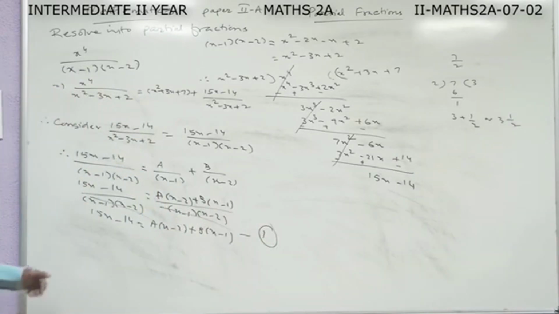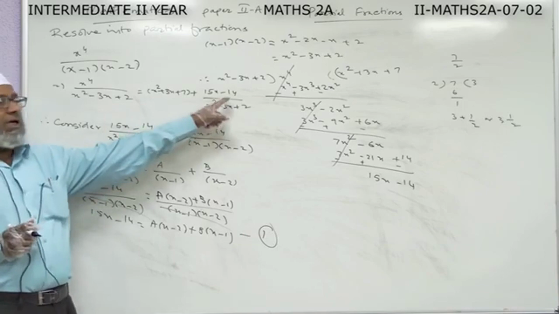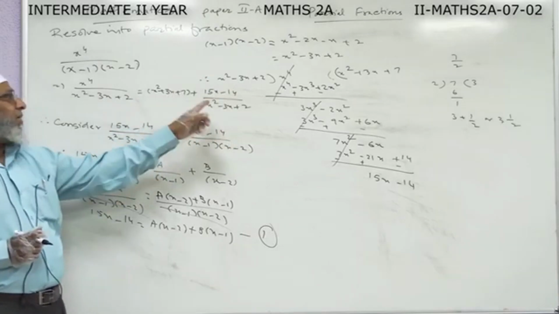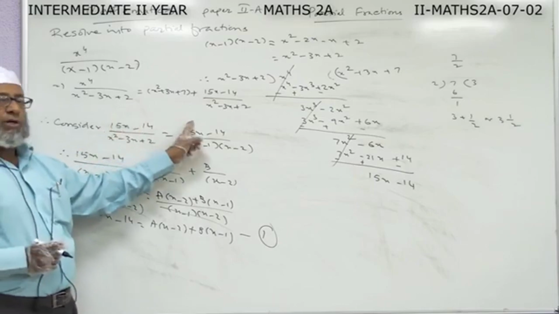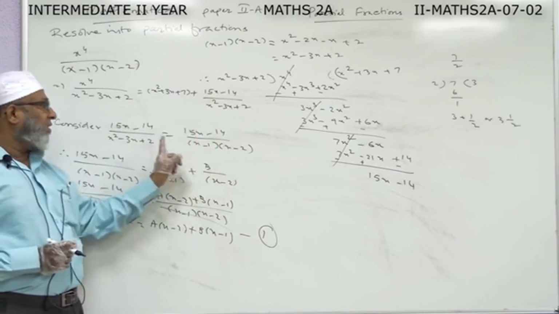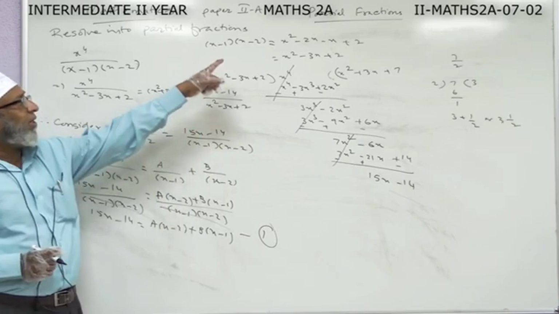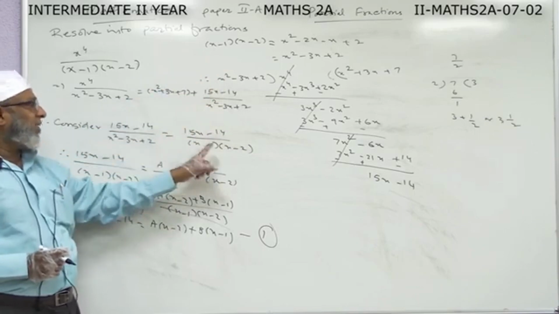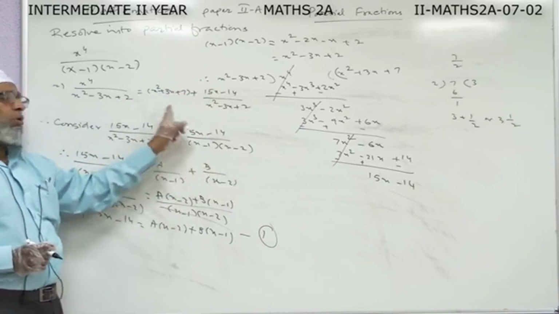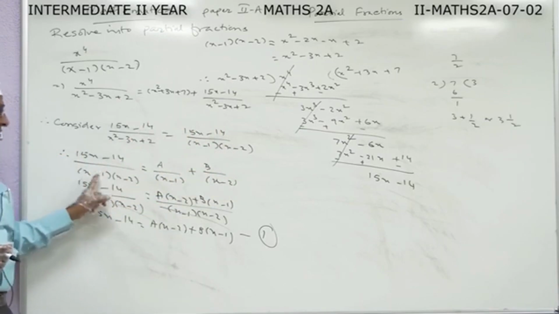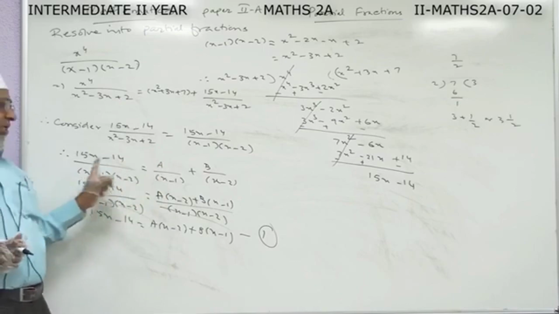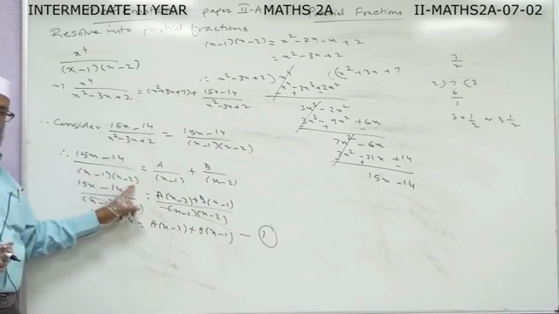Is it clear? What have I done? I have considered this fraction part, 15x minus 14 by x square minus 3x plus 2, which is equivalent to 15x minus 14 by the factors I just calculated, x minus 1 into x minus 2. So I am considering this again separately. This is equal to this linear part. These are also linear terms.